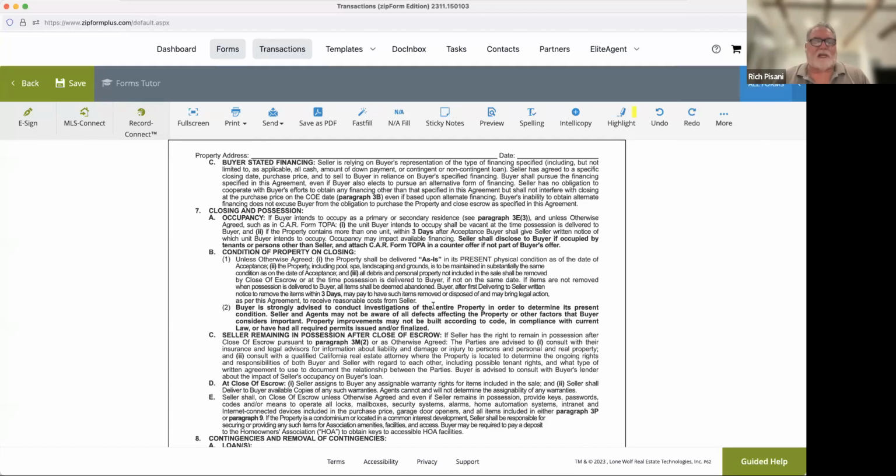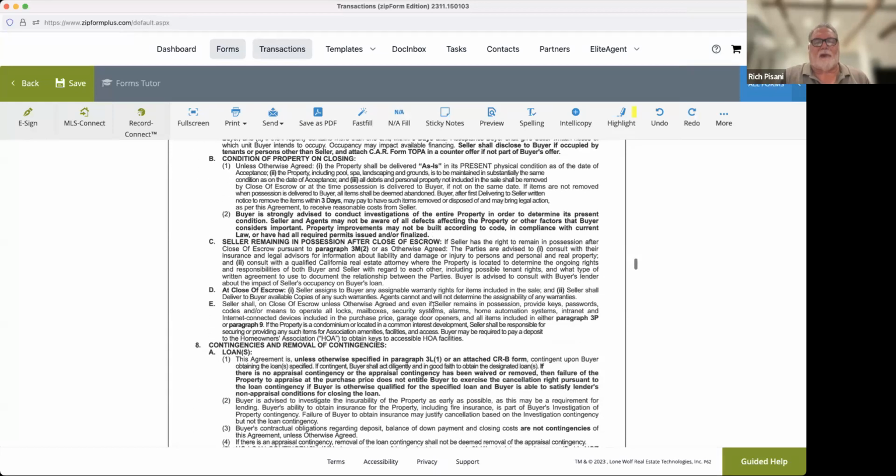Seller remaining in possession, we talked about this. It's really important to get those forms because it protects all parties. At close of escrow, seller assigns to buyer any assignable warranties. Seller remains in possession, I get this argument all the time. Sellers remaining in possession, they don't want to turn over the keys at close of escrow. They'll do it when they vacate.